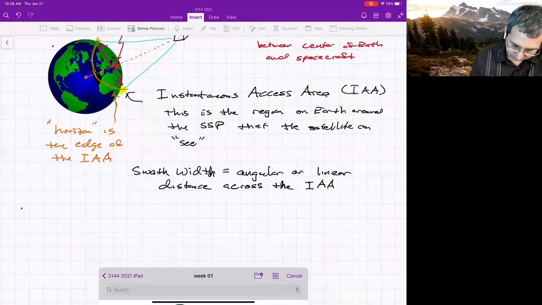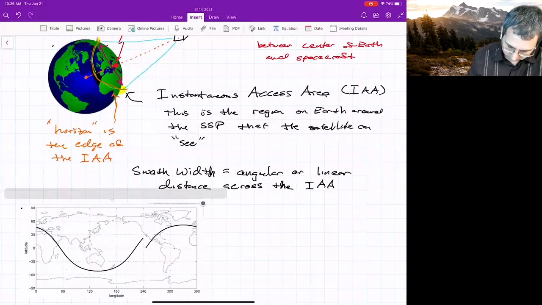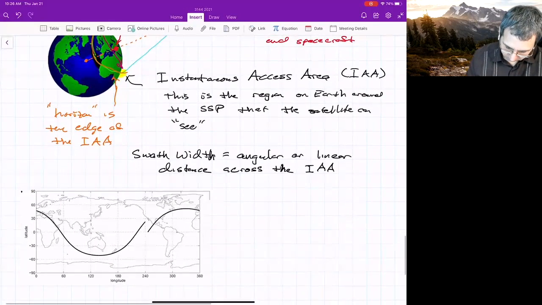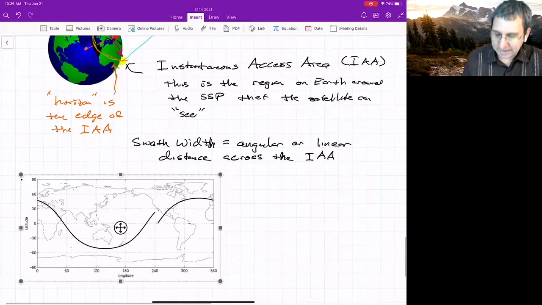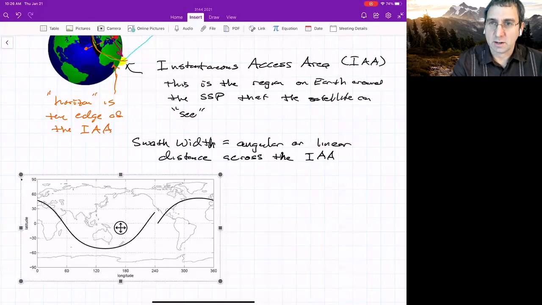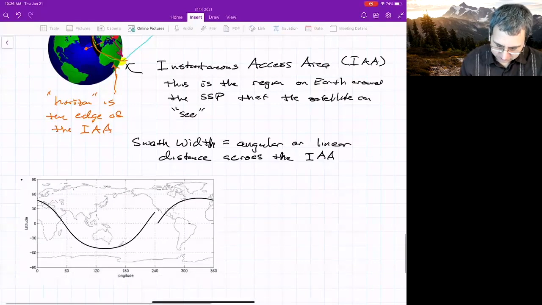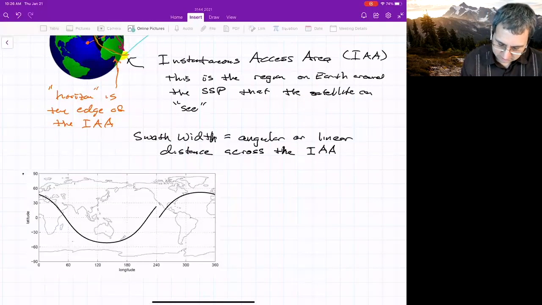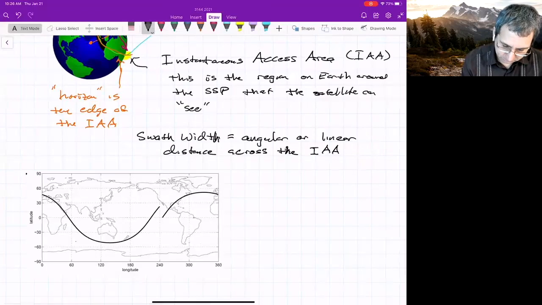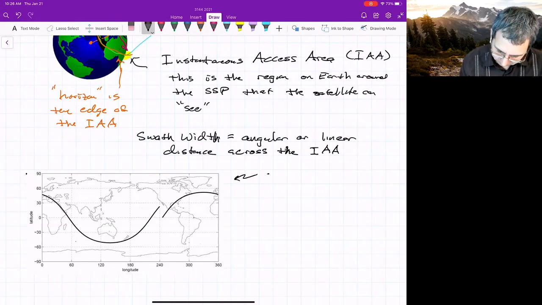Here we go. I think this is an actual ground track for some actual thing. I forget what it is. It was like the first component of the space station. So it's not the current space station orbit, but it's a spacecraft ground track.